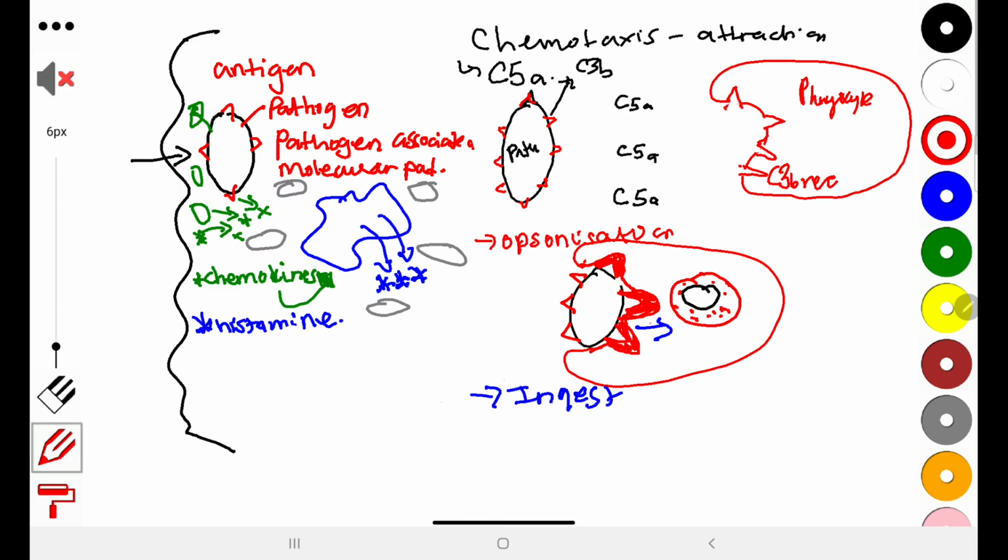Let's just see where we are right now. It's attracted by C5a to the phagocyte. Then the C3b binds the C3b receptors. Then the organism is engulfed into a phagosome, and the phagosome has lysis-like material, so it breaks down this pathogen.